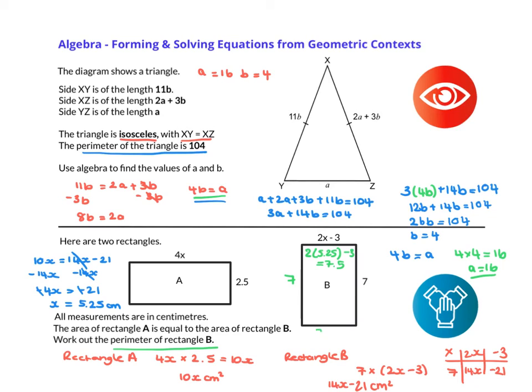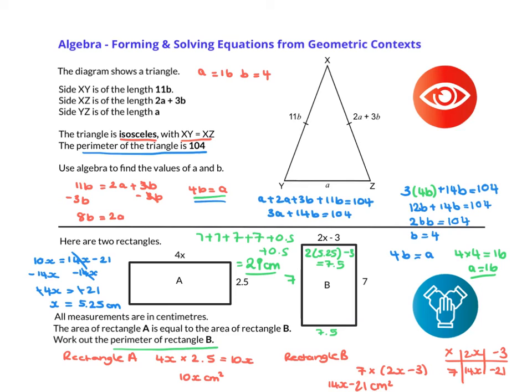So 2 of my lengths are 7 and 2 of my lengths are 7.5, so 7 add 7 is 14, add 7 is 21, add 7 is 28, and adding on those 2.5s gives me another whole, which is 29 centimetres. The perimeter of rectangle B is 29 centimetres.